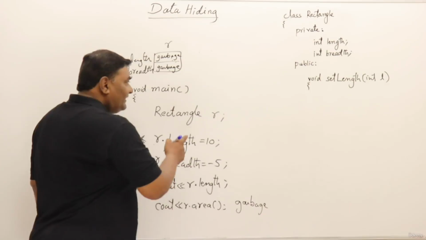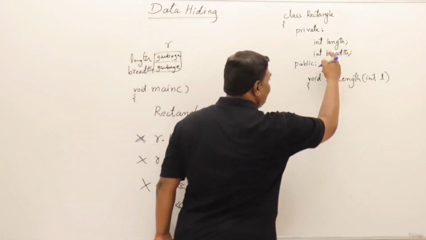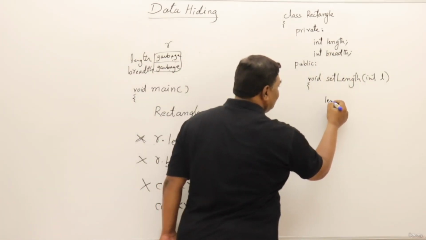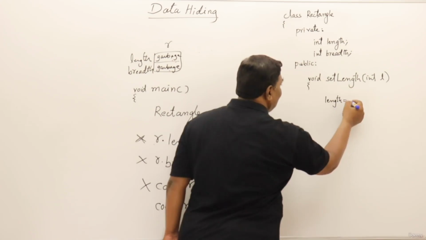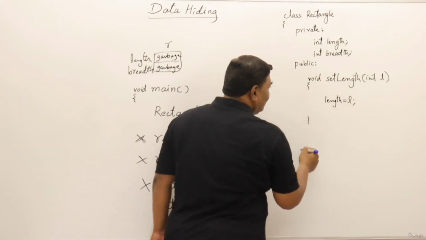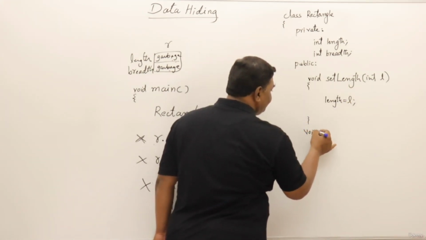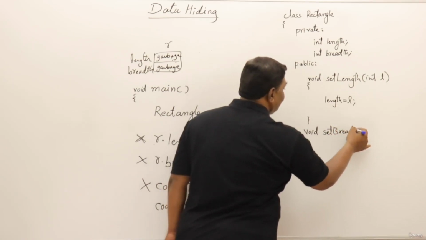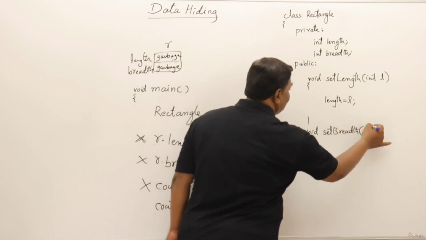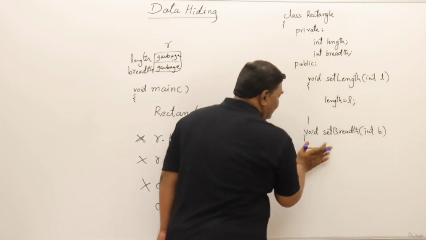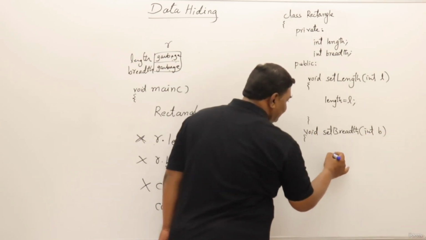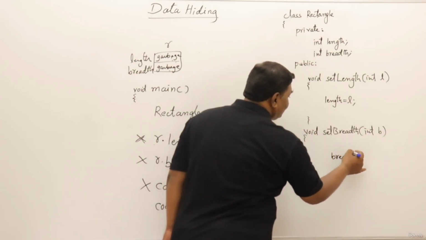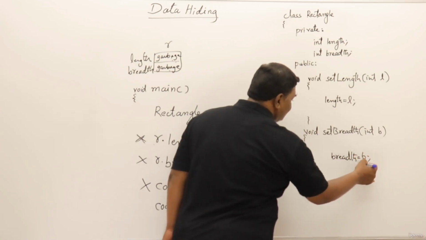What it will do is take the value of length and assign it to length. So length assign L, that's it. Then I should also have a function void setBreadth, with integer b. It should take the value b and set it into breadth. So breadth assign b.